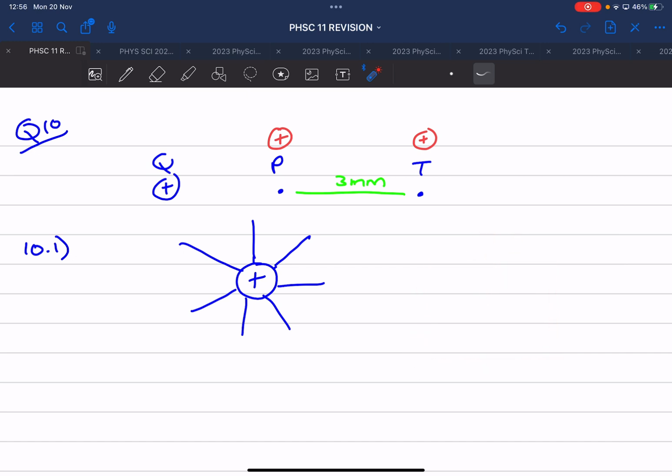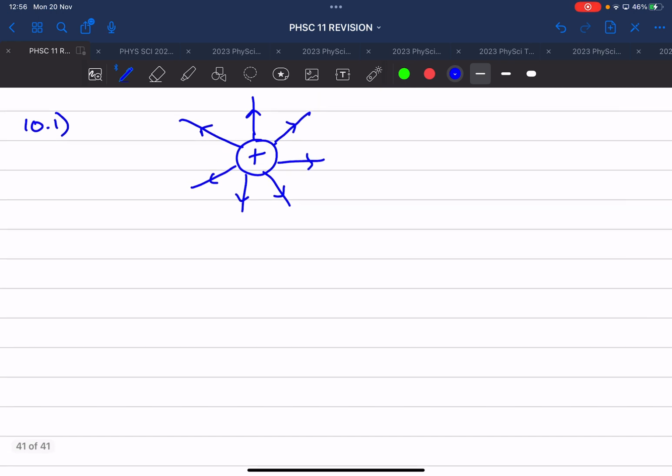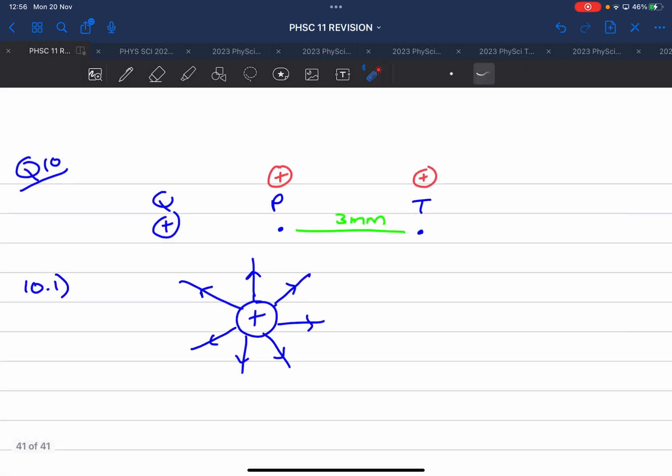Selfde ding hier. Weg van positief na negatief. Okay. Goed. Dan sê hulle vir jou, die grootte van die elektriese veld, the size of the electric field at P is this. And the size of the electric field at T is this.